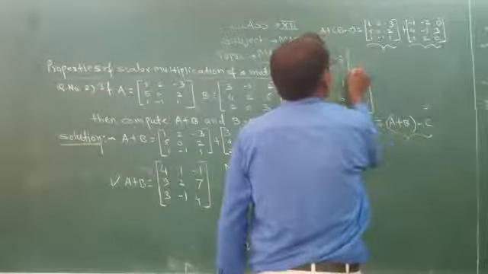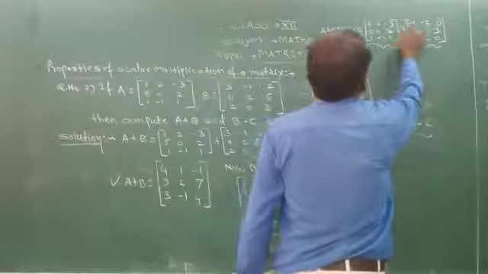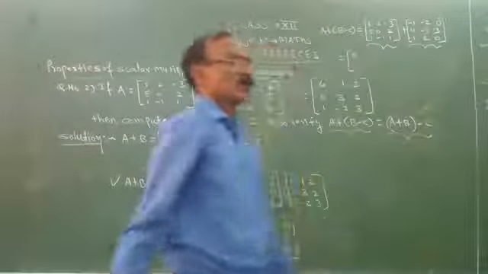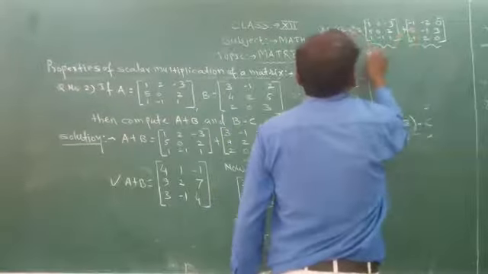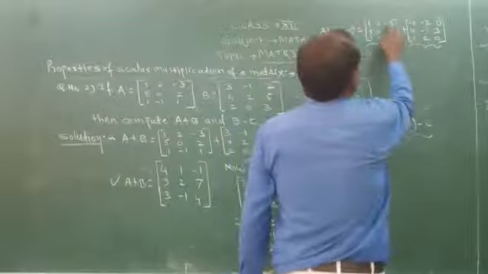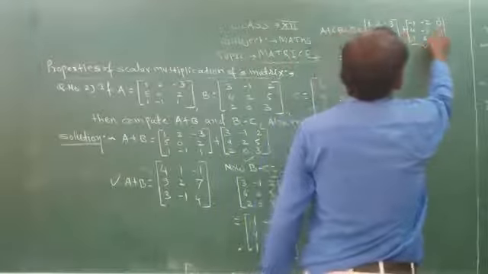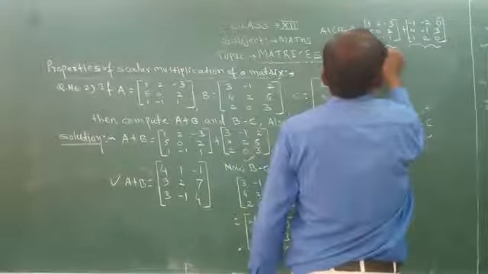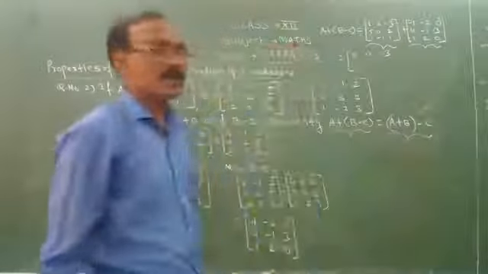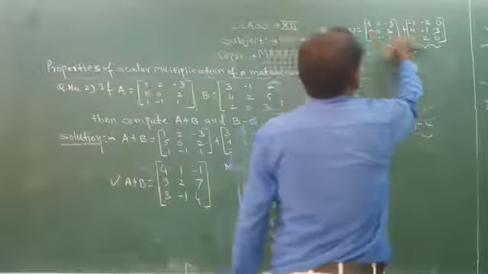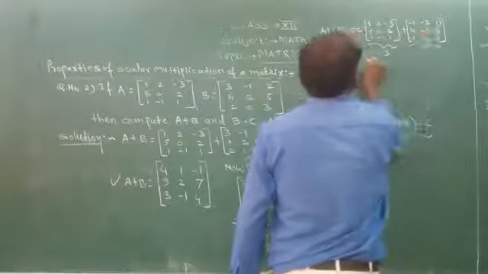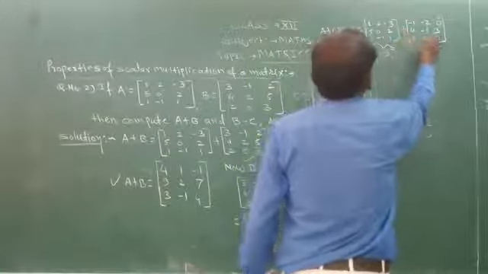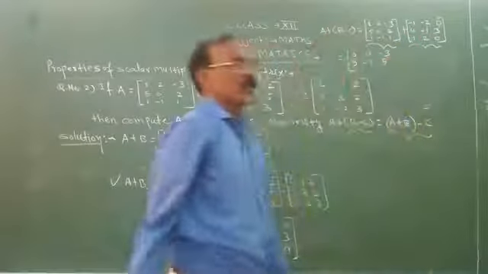That is 1 plus minus 1, that is 0, right? Then 2 plus minus 2 it will be 0, minus 3 plus 0, so it will be minus 3, okay? Then 5 plus 4 that is 9, 0 plus minus 1 that is minus 1, 2 plus 3 that is 5, okay?